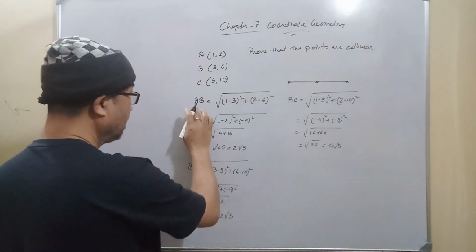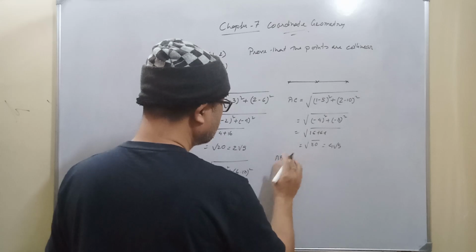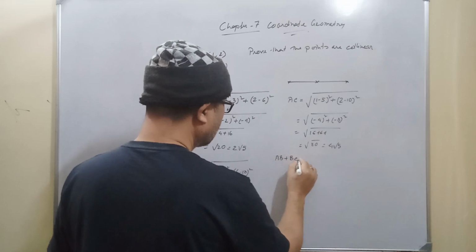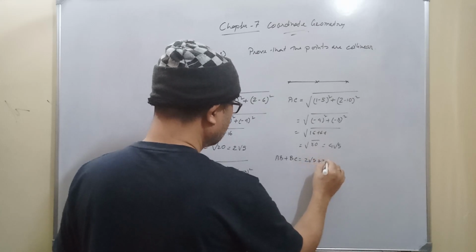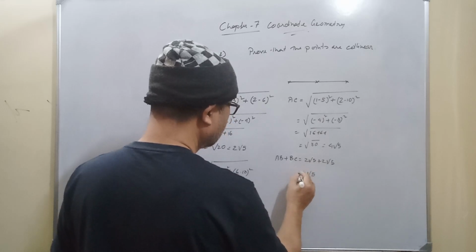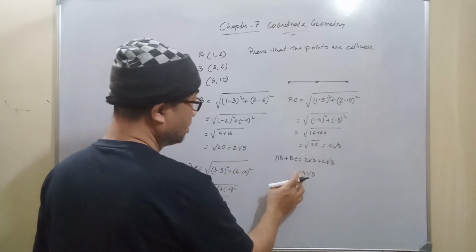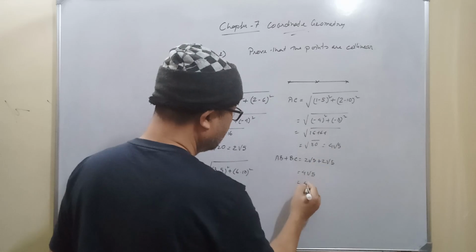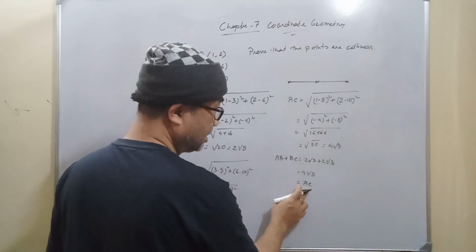So we have AB plus BC, 2 square root of 5 plus 2 square root of 5, is equal to 4 square root of 5, which is equal to AC. So we have AB plus BC is equal to AC.